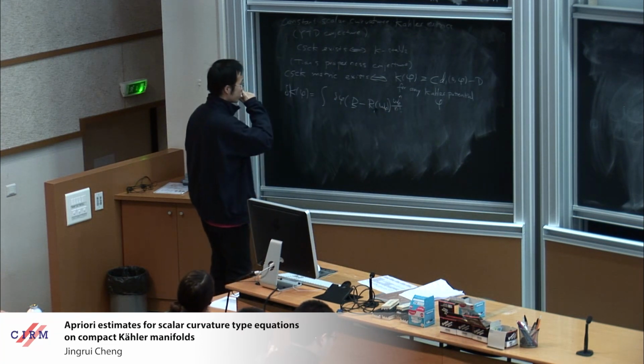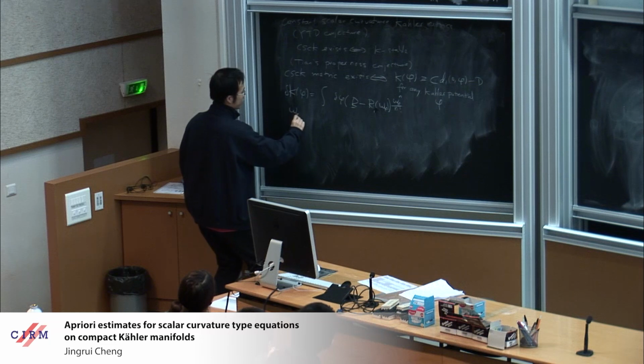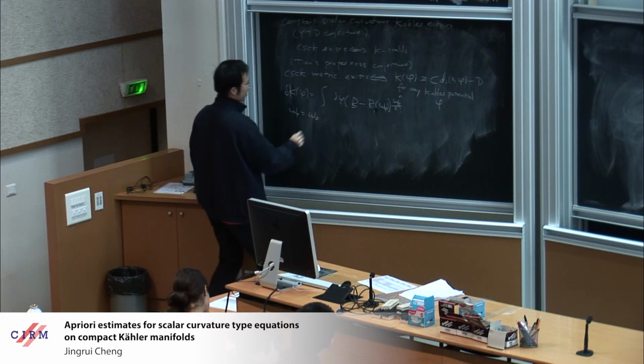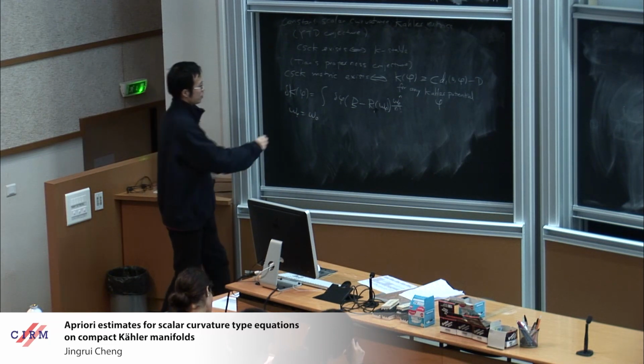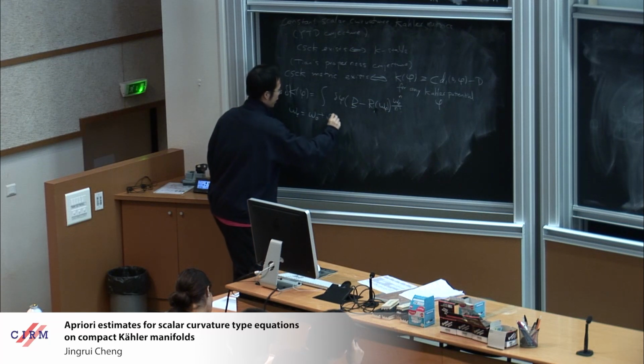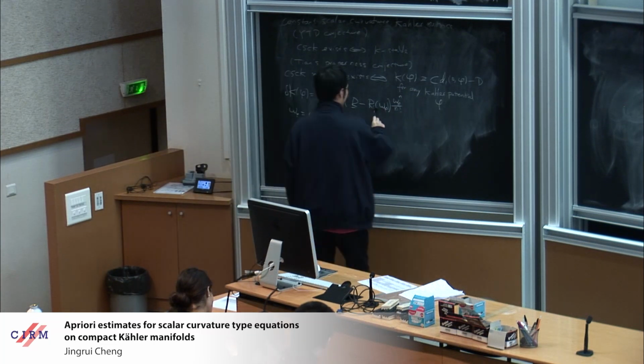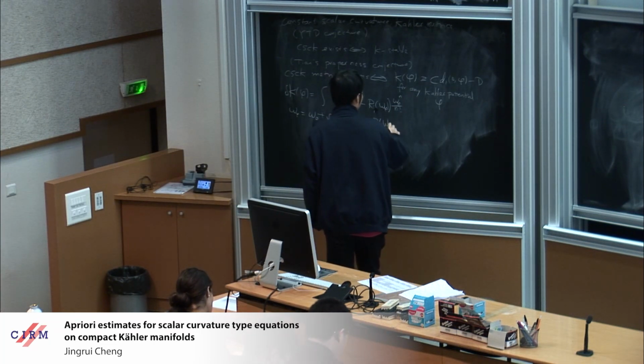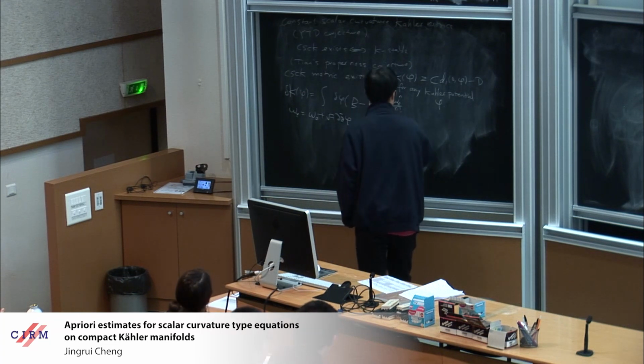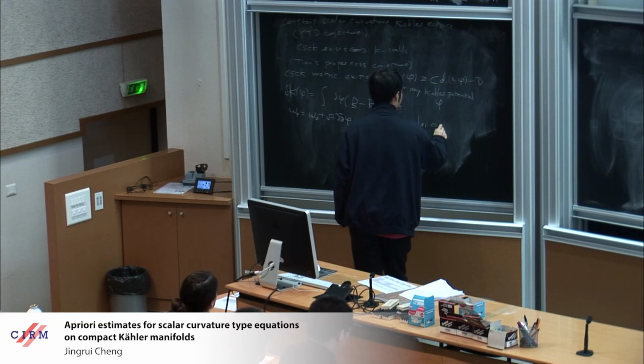The notation is that omega phi is some background metric omega 0 in this class, plus dd bar of some Kähler potential phi, and R of omega phi is just the scalar curvature of omega phi.